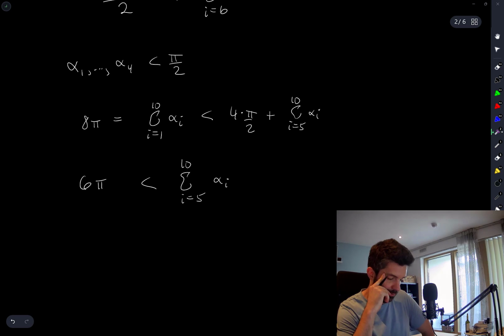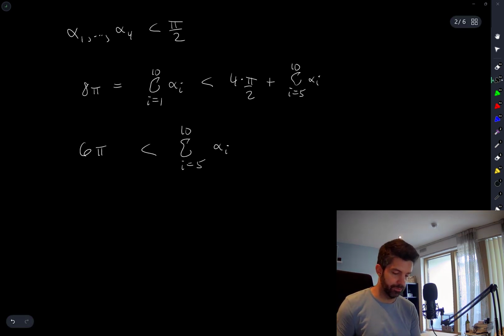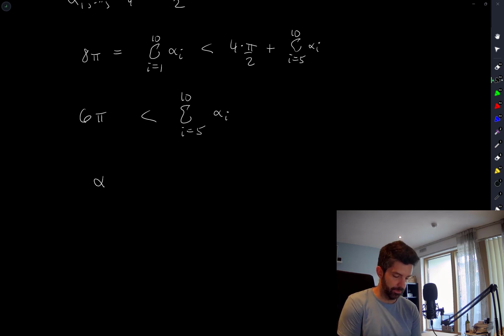Or what if, hold on a second. What if alpha 1?